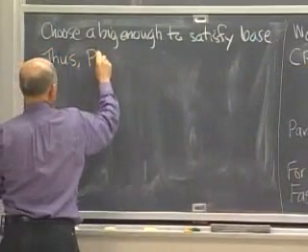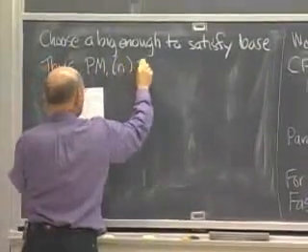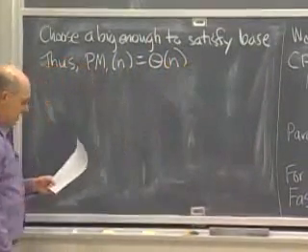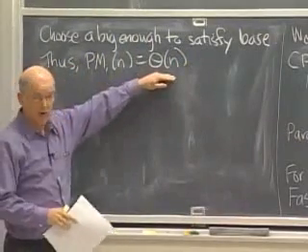Okay. So thus PM1 of n is equal to theta n.